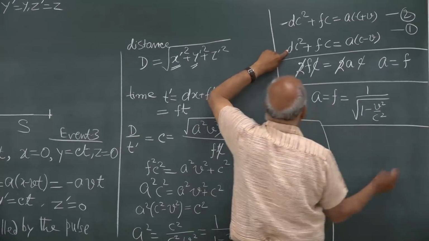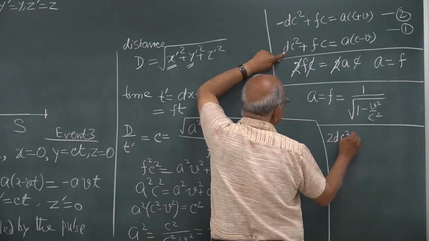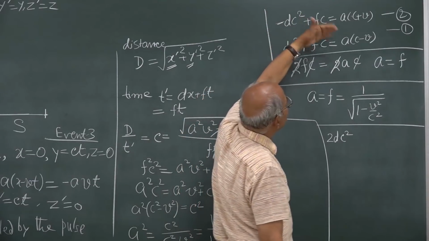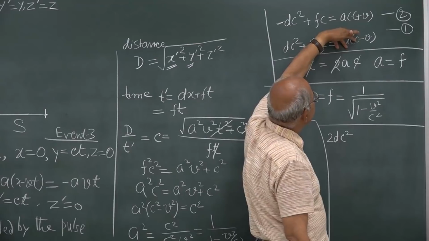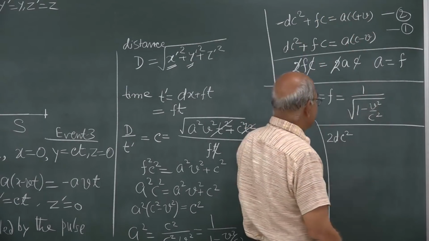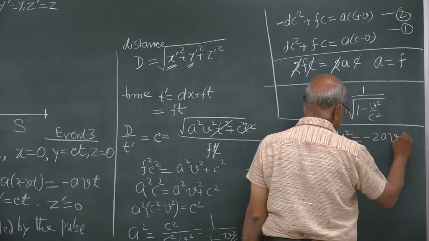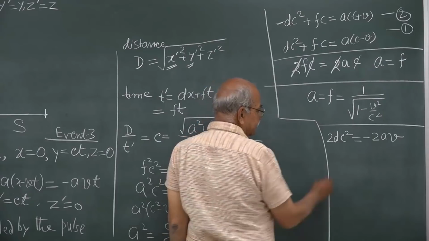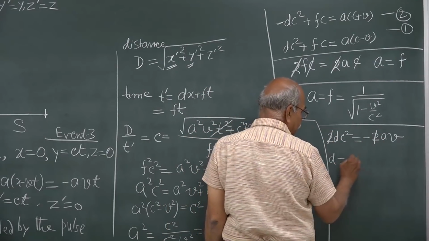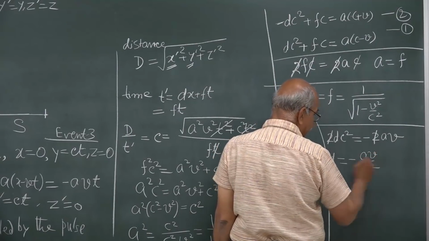I get 2 times d c square, d c square minus d c square, this cancels out, and here I am subtracting. So, A C and this A C cancels out, and minus A B and minus A B is minus 2 times A B, and hence D is equal to minus A V by C square.